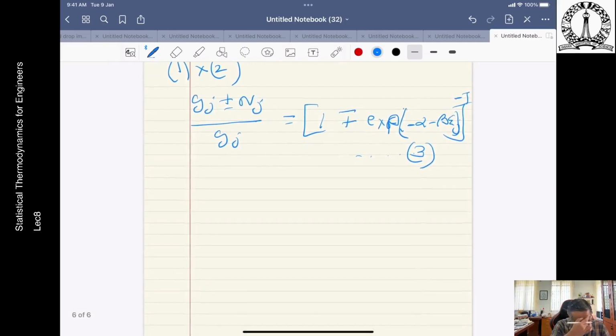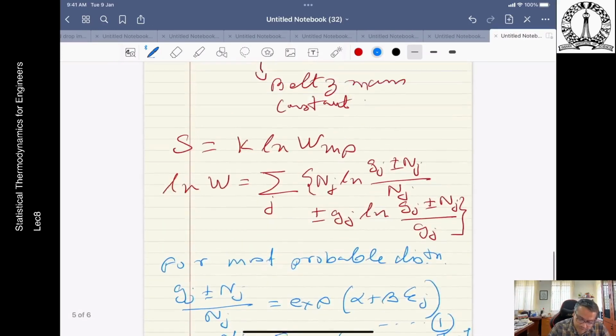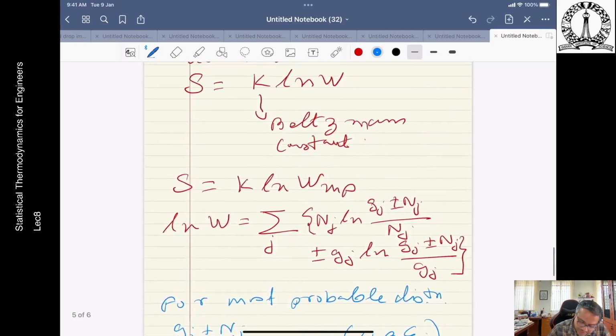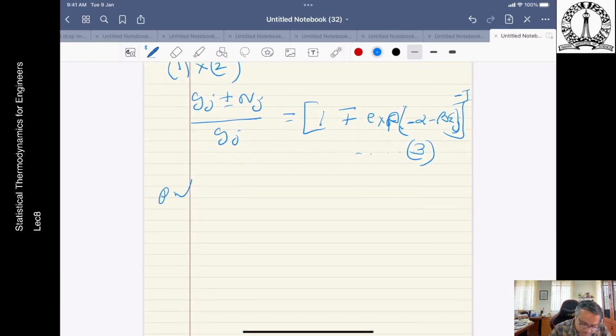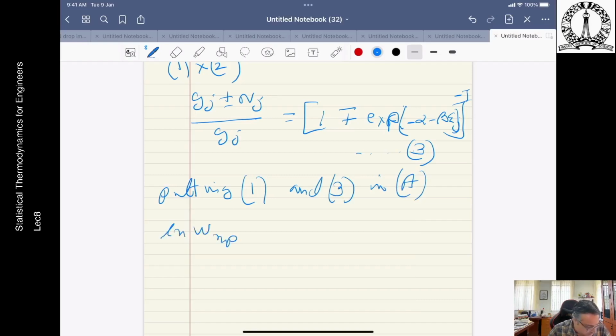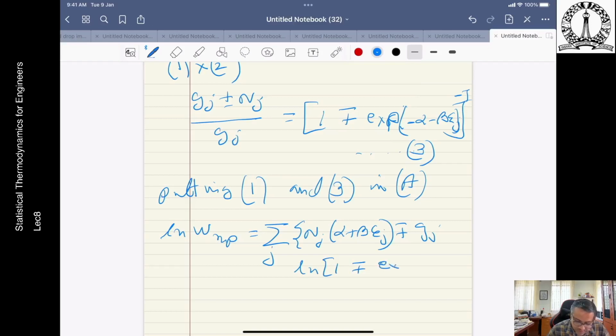Now, if we name the expression we have over here as A, then putting 1 and 3 in expression A, we get the most probable distribution equal to the summation over j of Nj (alpha plus beta Ej) minus plus Gj ln (1 minus plus exponential of minus alpha minus beta Ej), close bracket.